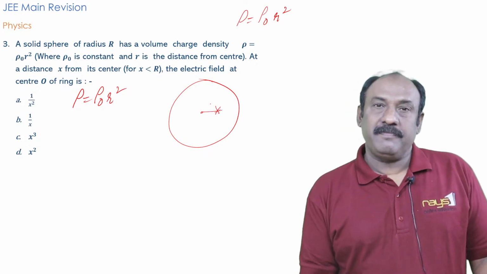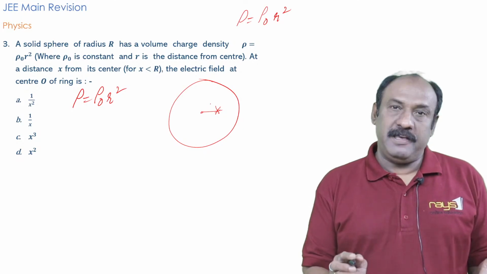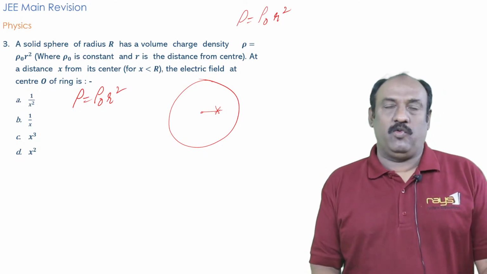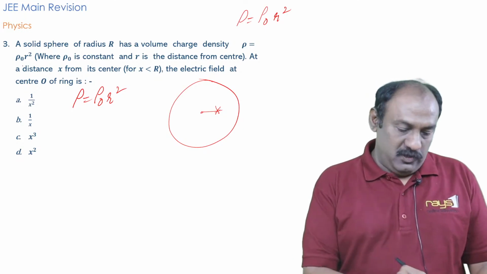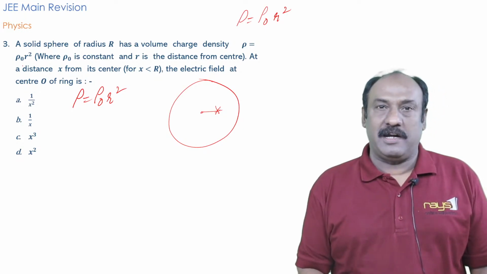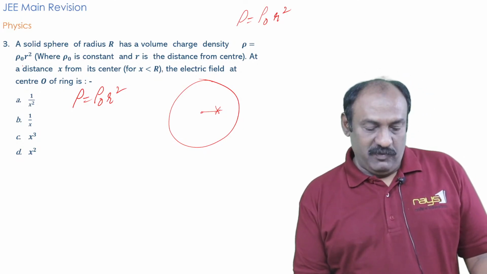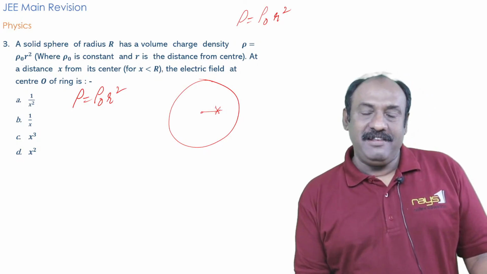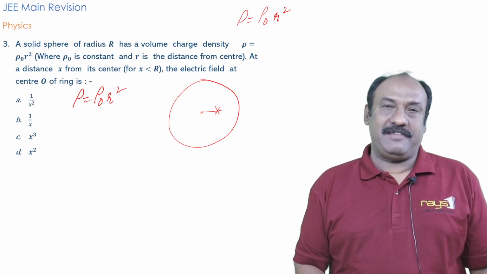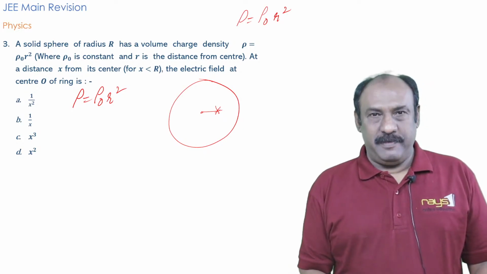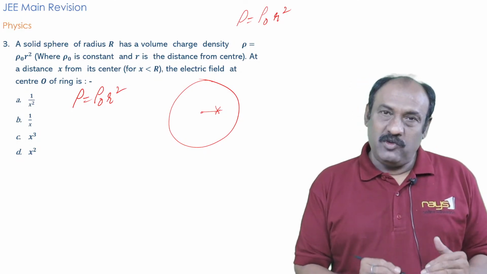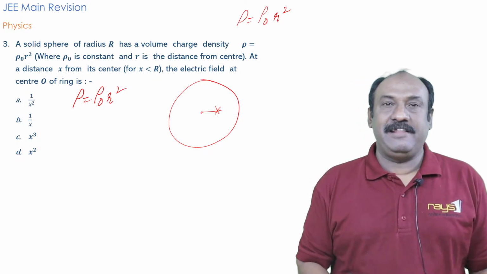here it is a solid sphere of volume charge density rho. So that means as we move from center to edge, according to the given equation rho equal to rho naught r square, the volume charge density varies in accordance with the radial distance. So the charge contained in the sphere from center to edge varies in accordance with the radial distance.